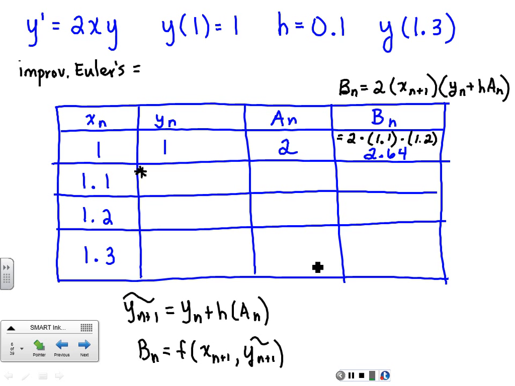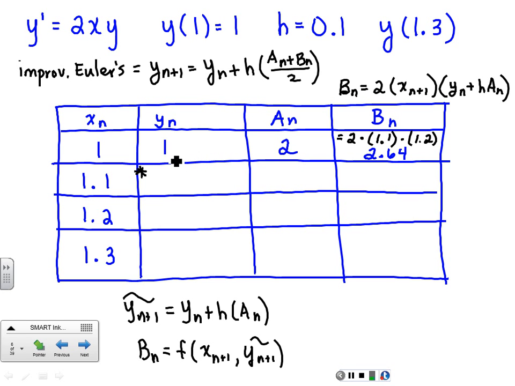First time I have to do improved Euler's method is right there. It is y sub n plus 1 equals y sub n plus the step size times the average of a sub n and b sub n. So it's a little bit complicated to plug in. Let's think about it.